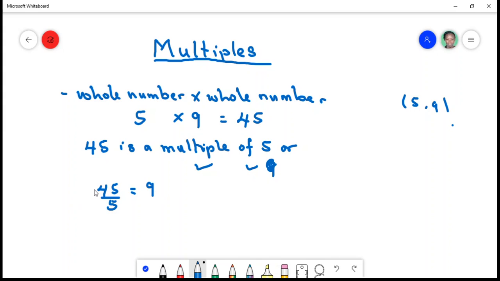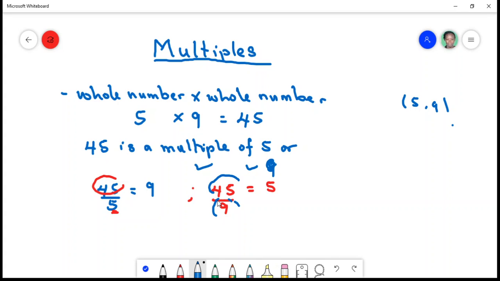So you could say that 45 is a multiple of my second number, which is 5. If I had 45 divided by 9, I should get a whole number. Then I can say that my 45 here is a multiple of 9, for the example there.